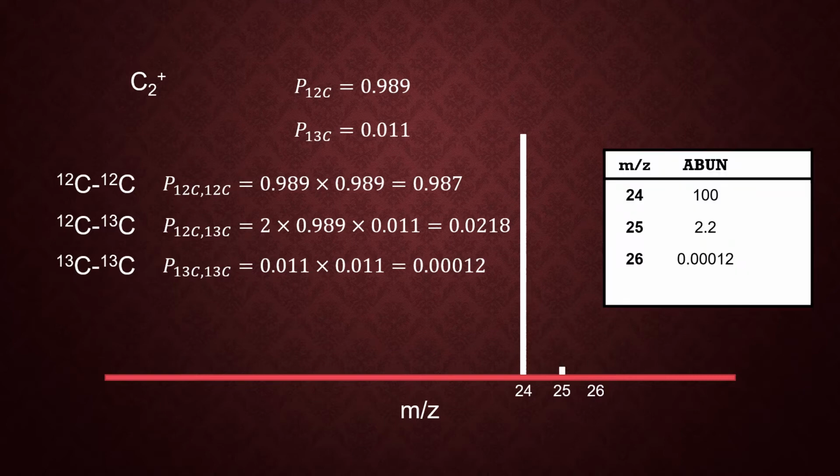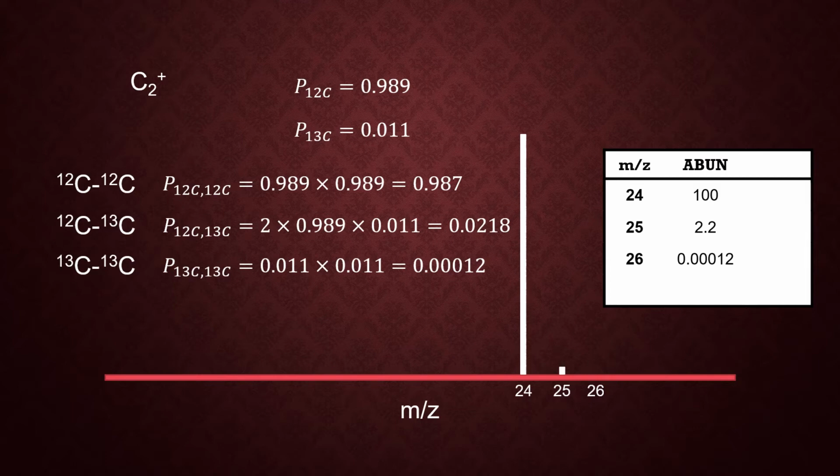So I would expect in my abundance table to see this. Maximum peak having an m/z of 24. The peak at m/z 25 has an abundance of 2.2, as indicated in my little probability experiment there. And the 26 is, forget it, I'm not going to see it.